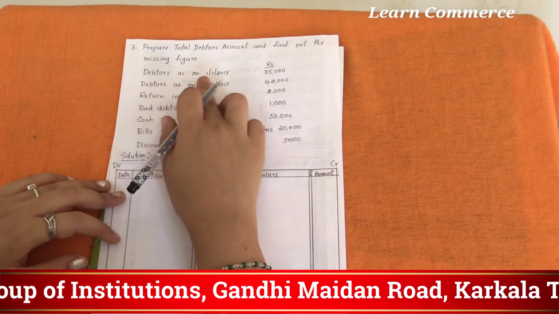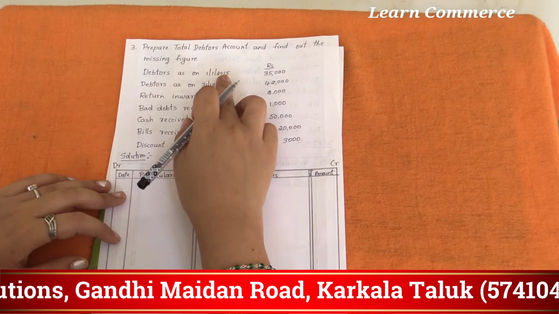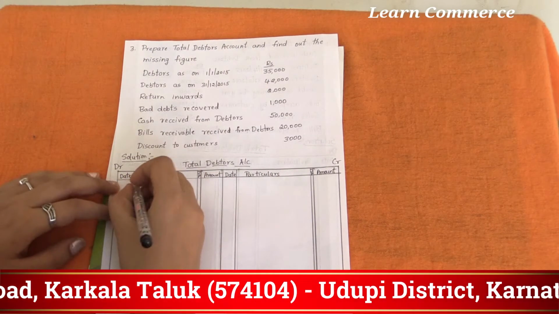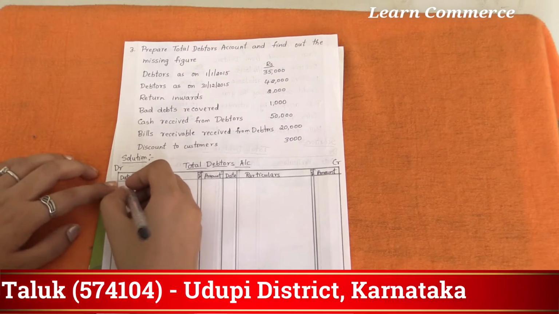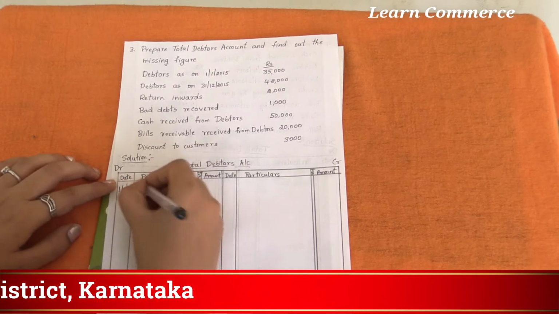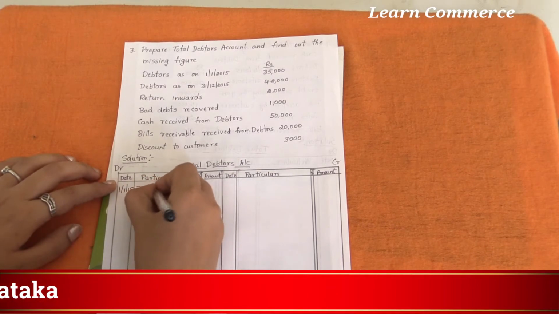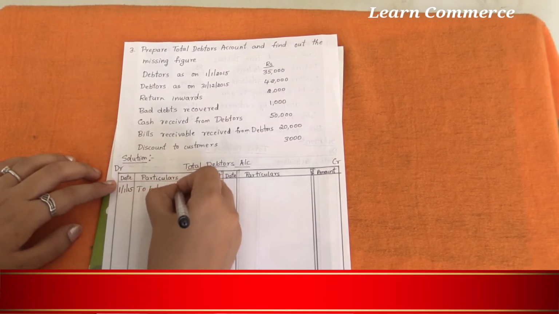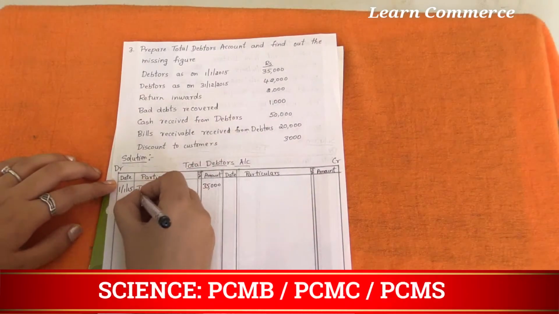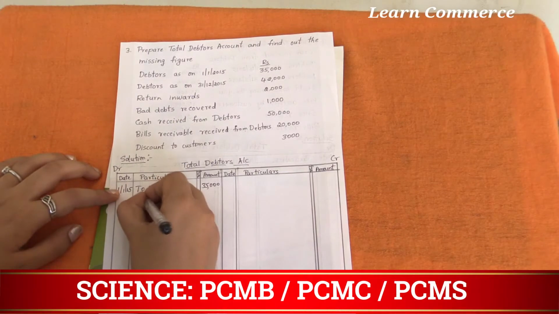Debtors as on 1st January 2015 is the opening balance of debtors, which we write on the debit side: 1st January 2015, to balance brought down, amount 35,000, in bracket opening debtors.